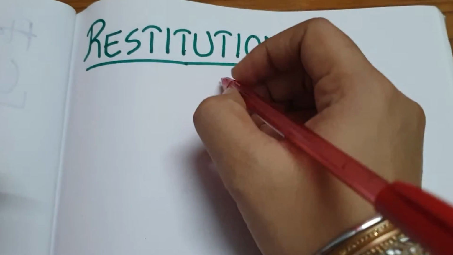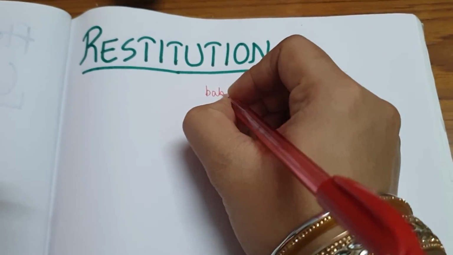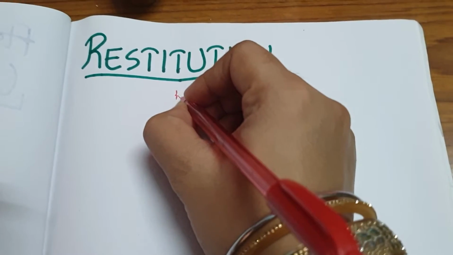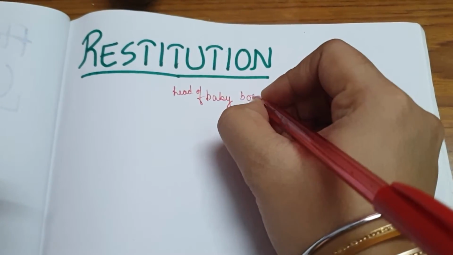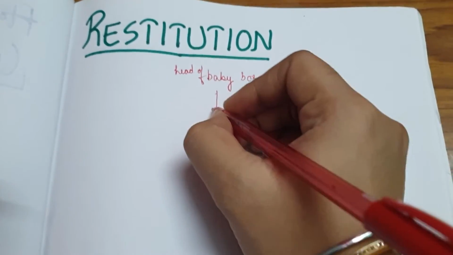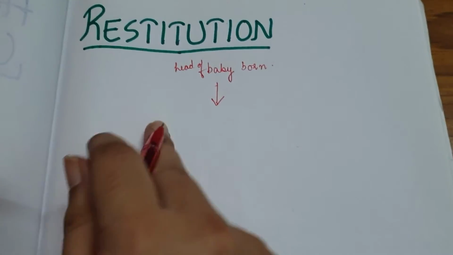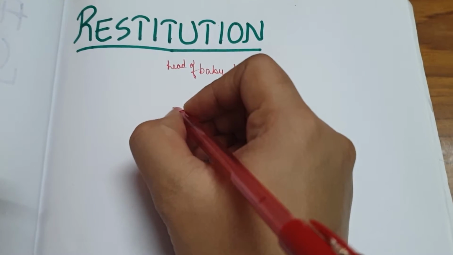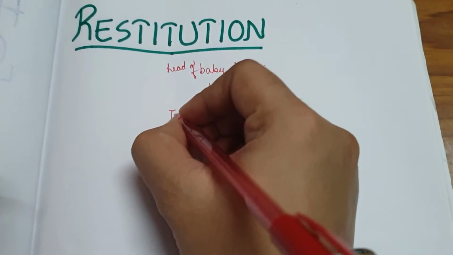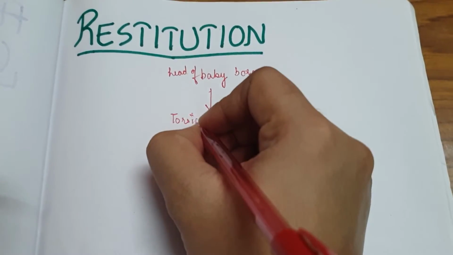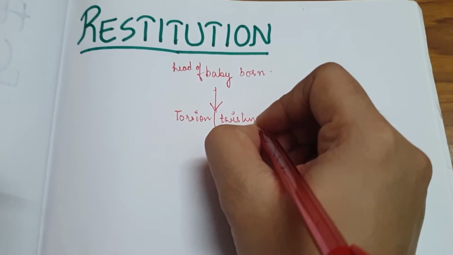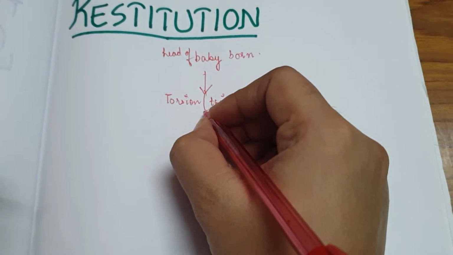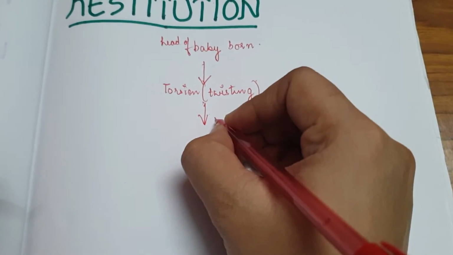When the baby's head is born, then the torsion in the neck is relieved, which I explained in the crowning. Torsion or twisting of the neck is relieved.